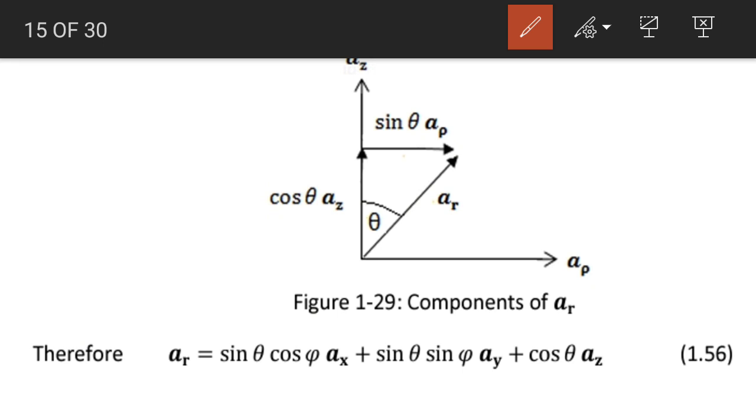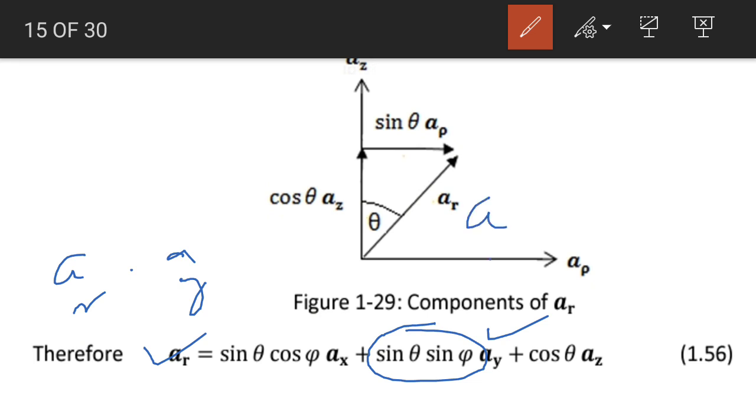Similarly, ar dot ay will be equal to sin theta sin phi. And finally, ar dot az will be equal to cos theta.